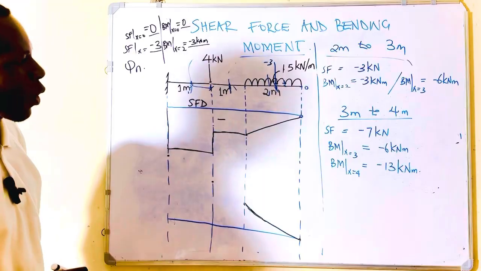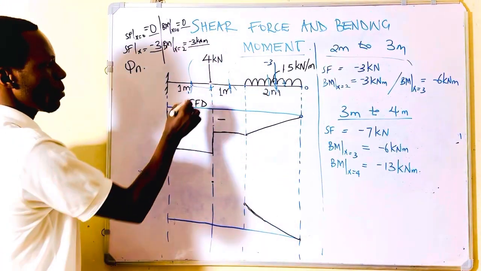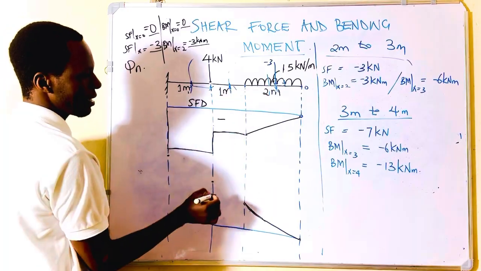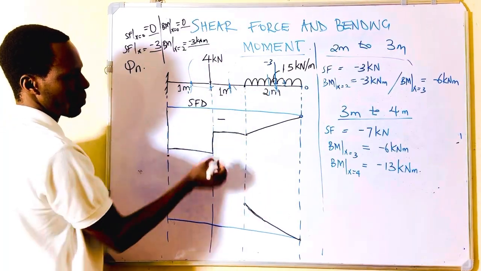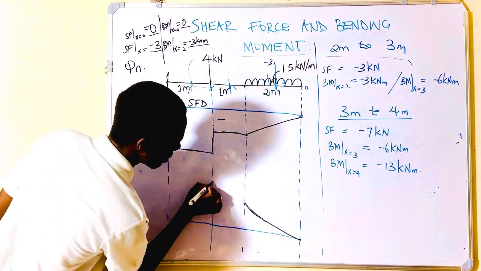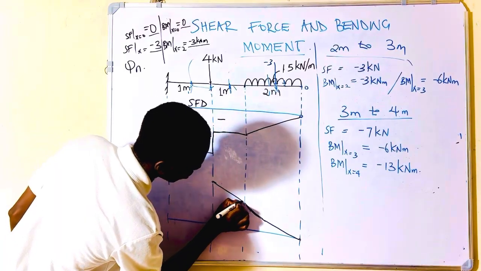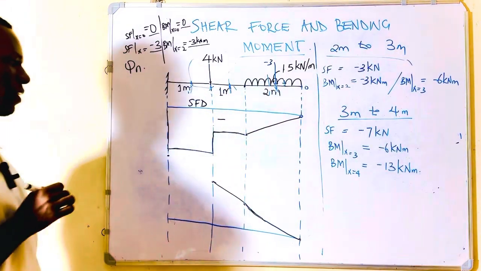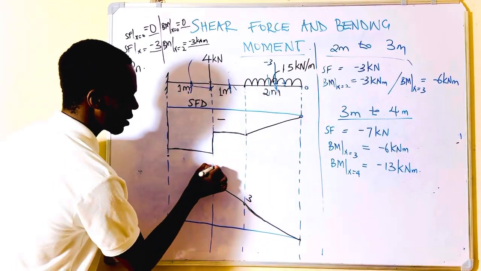Then at this point, our bending moment diagram will increase from this to this part, which is minus 6 kilonewton meter. Not a curve now, but just a straight line. So this point is 3, this point is 6.